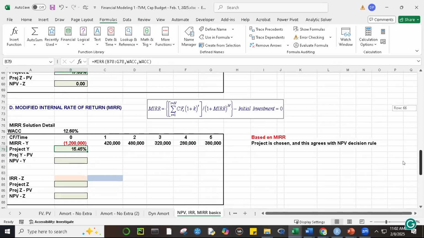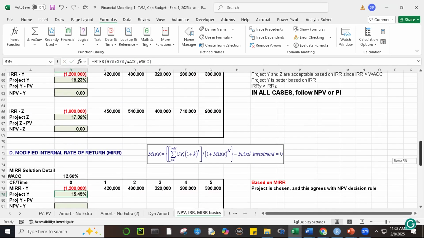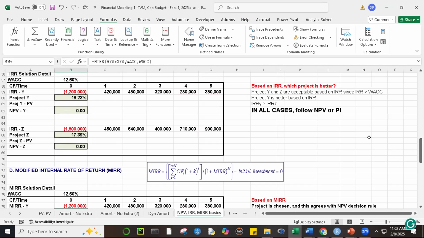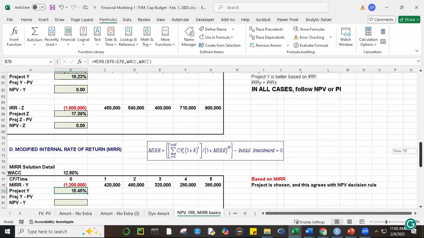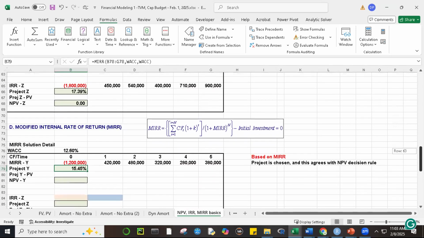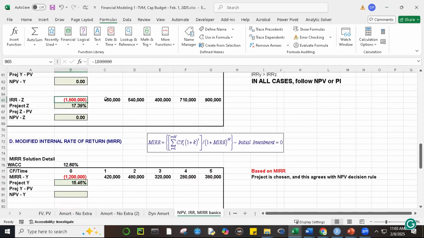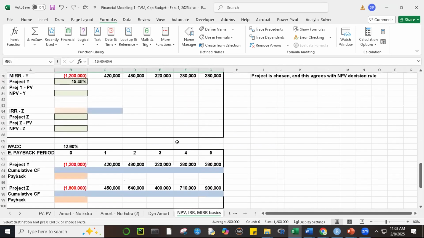And here, it turns out that your MIRR is 15.45%. So it's different from the IRR of 18.23. Let me compute for the MIRR of project Z also.